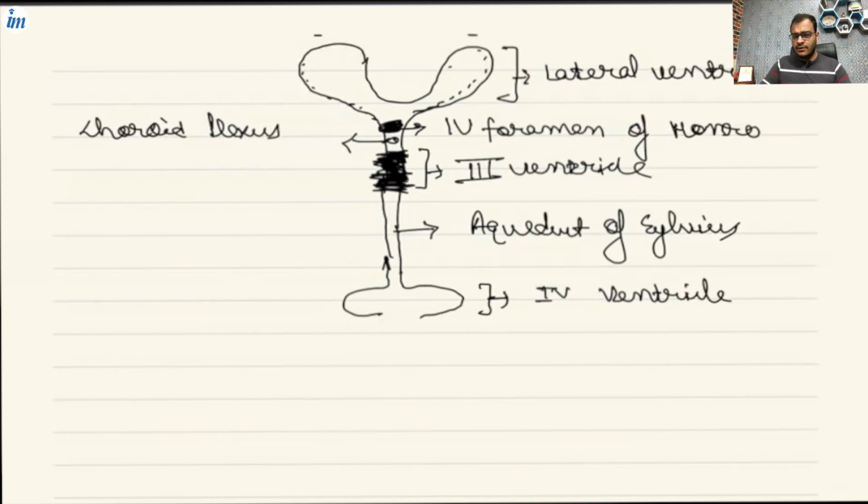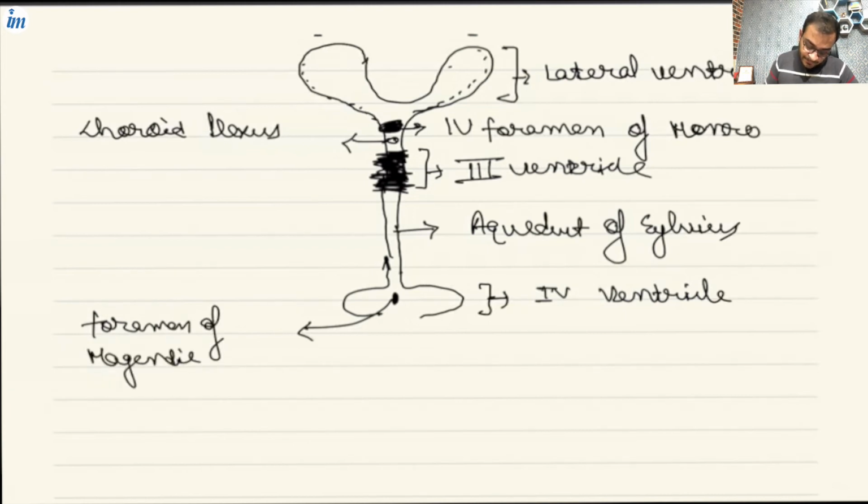You will understand the anatomy, but you need to know about the various dissectional views, sagittal view, transverse view, and other views. You will understand it, no worries. And from the fourth ventricle, we have two foramina. One median foramen, which is known as the foramen of Magendie, and two lateral foramina, which are the foramina of Luschka.